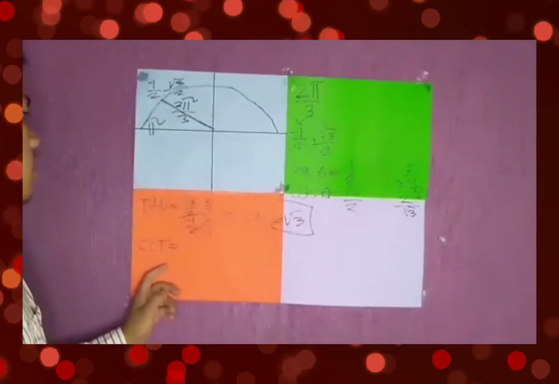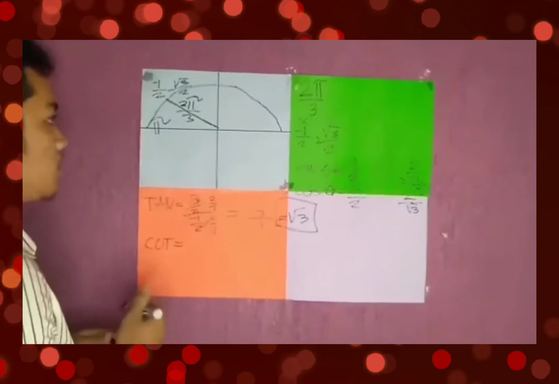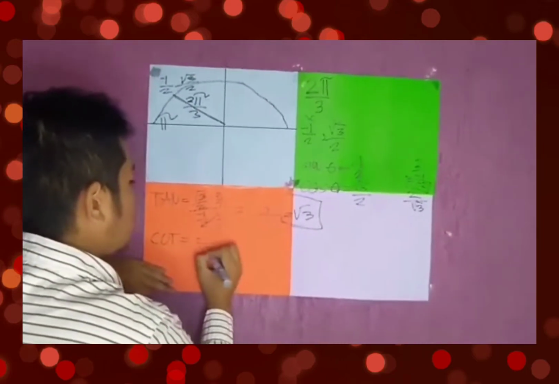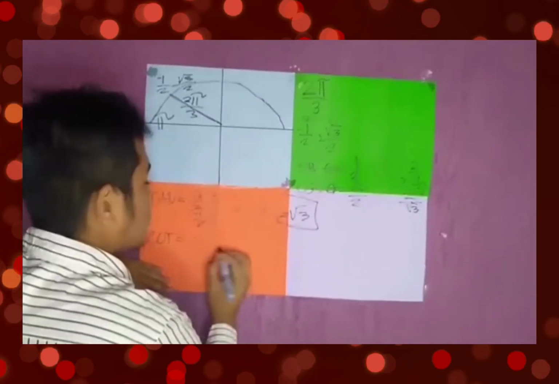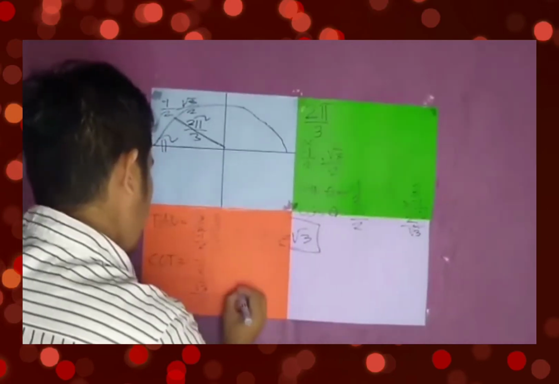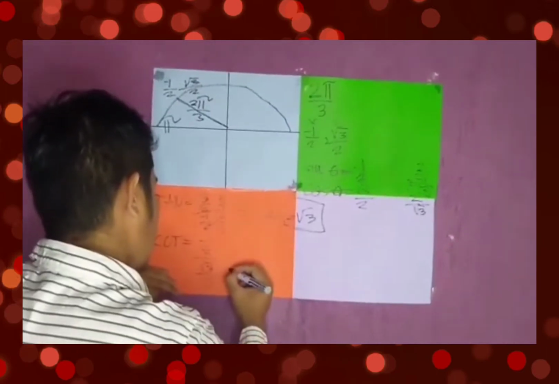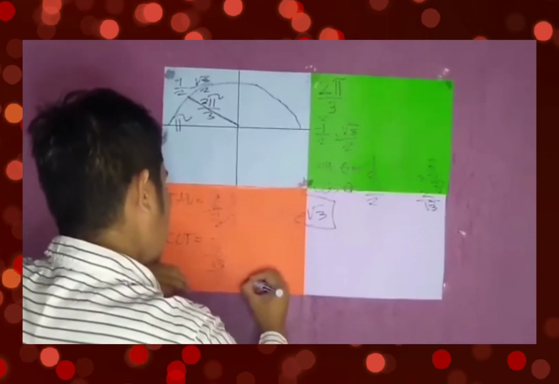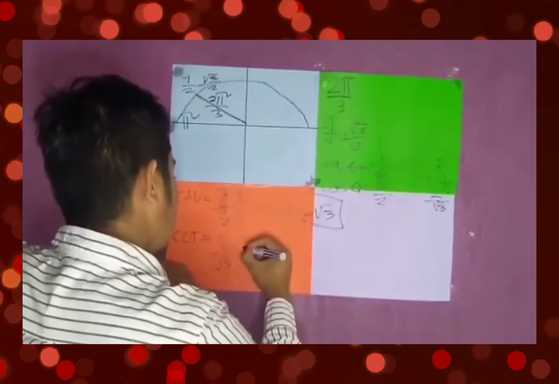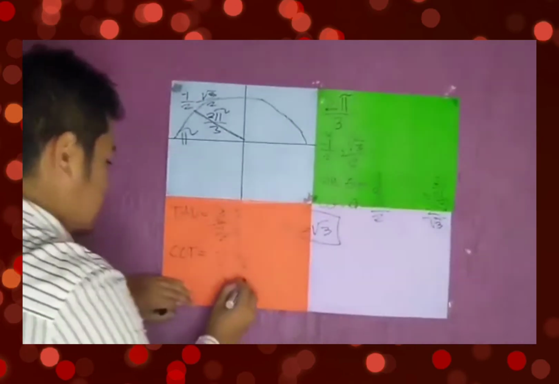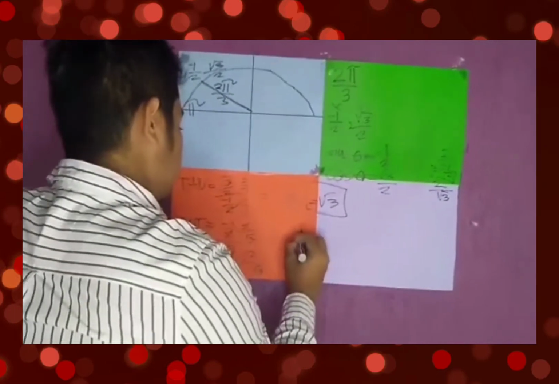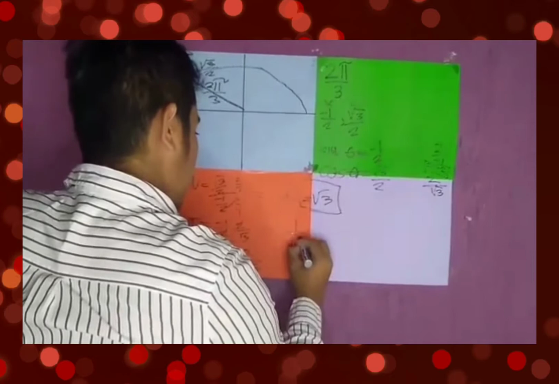So the cotangent is equal to x over y. So negative 1 half over square root of 3 over 2. So going to negative 1 half times 2 over square root of 3. So the 2s cancel out, and that is equal to negative 1 over square root of 3.